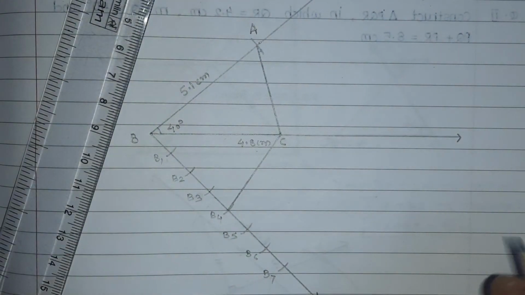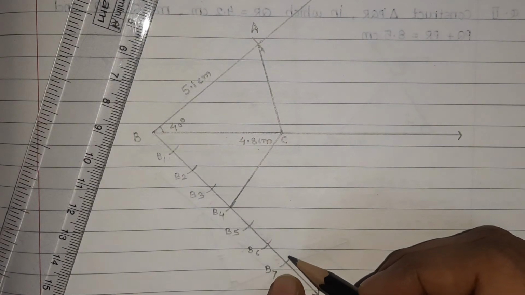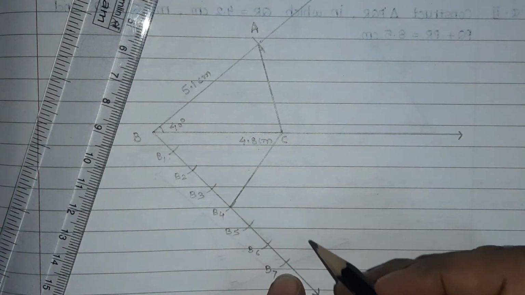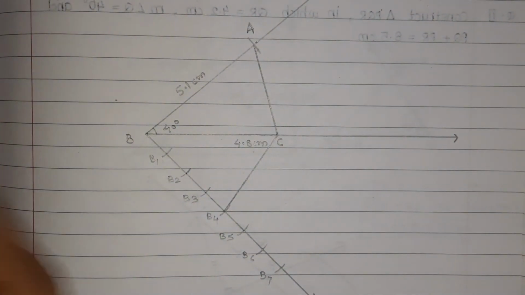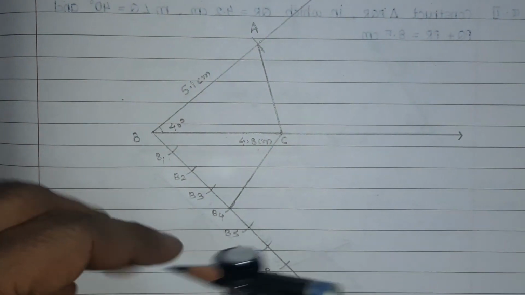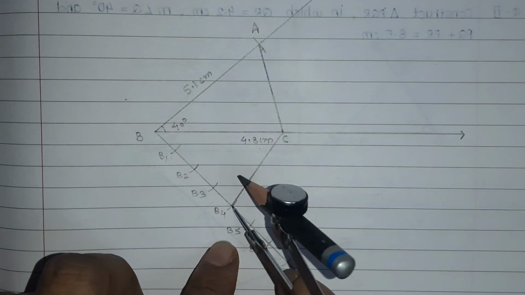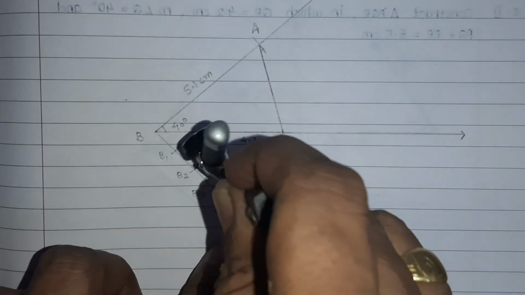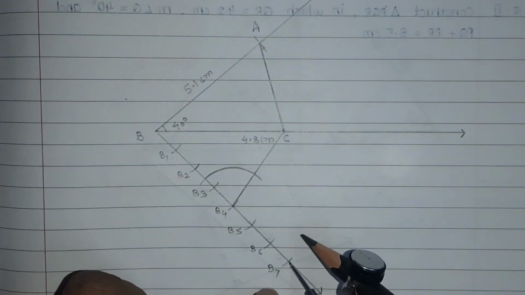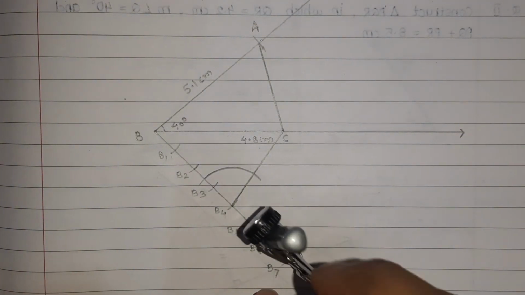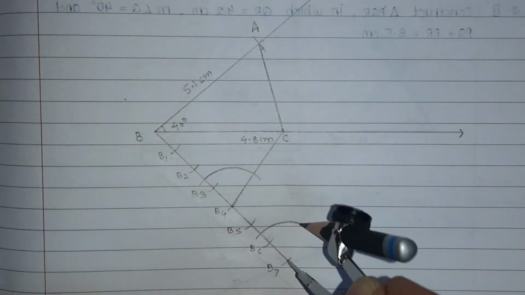Now dear student, from this B7 we have to draw a parallel line to this line. Therefore process of congruent angle we have to do. Put the metal point on B, take a sufficient distance and make the arc like this. Now put the metal point on B7, then draw the arc like this.